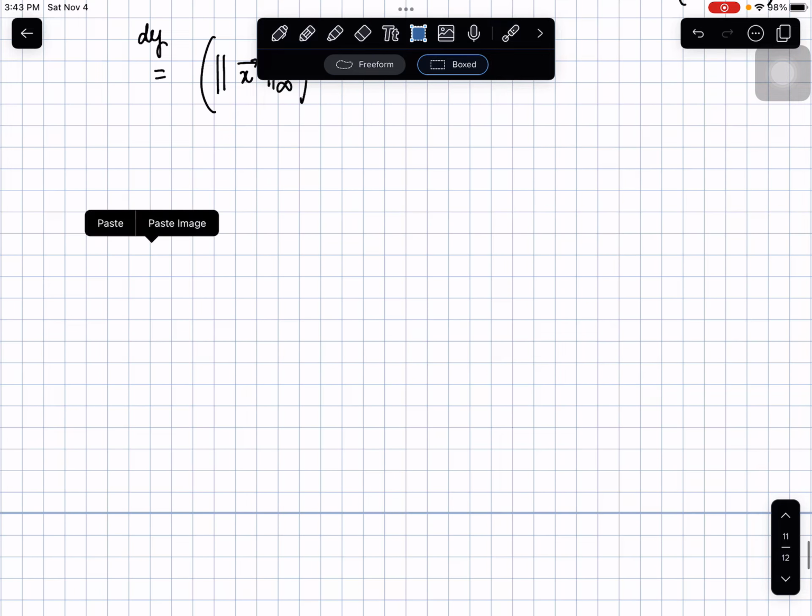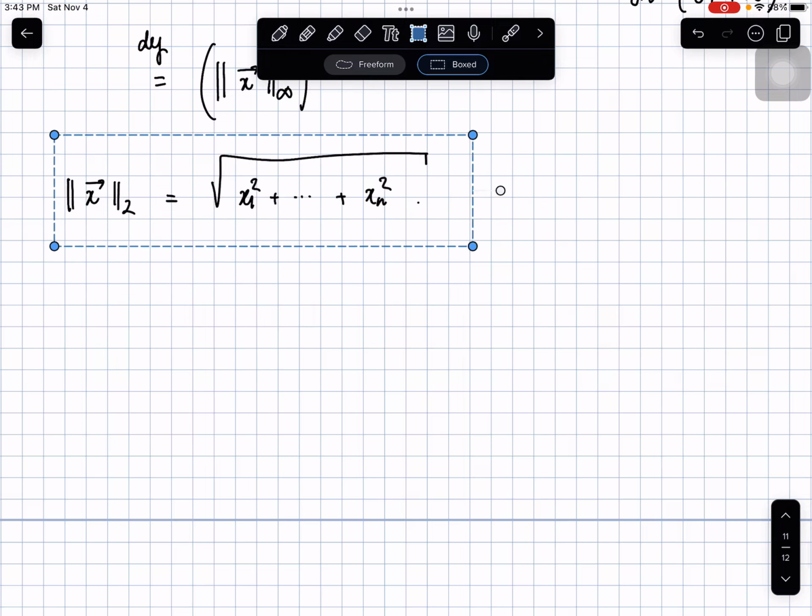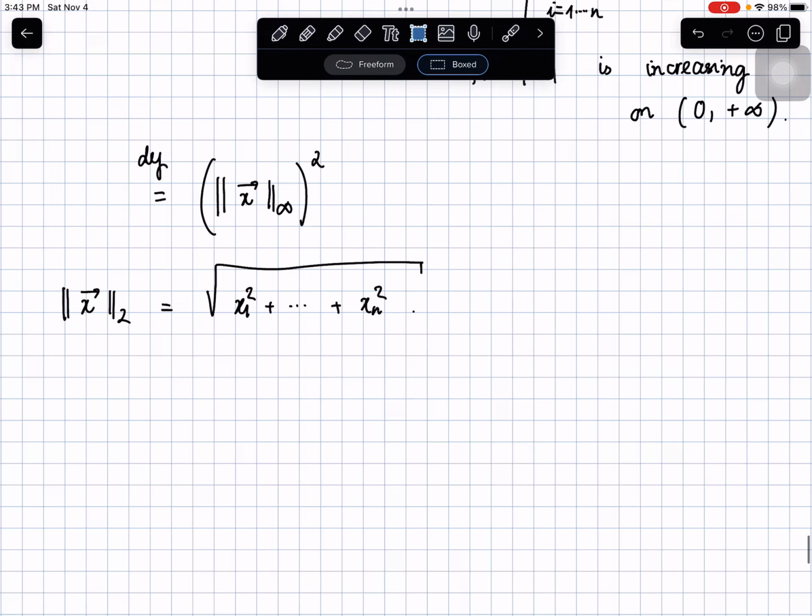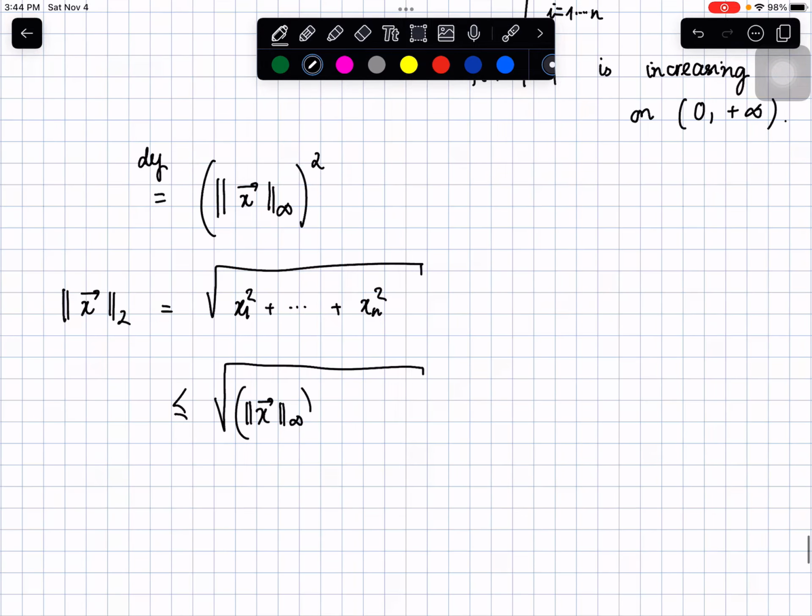So x1 squared is less than or equal to norm infinity of x squared, right?